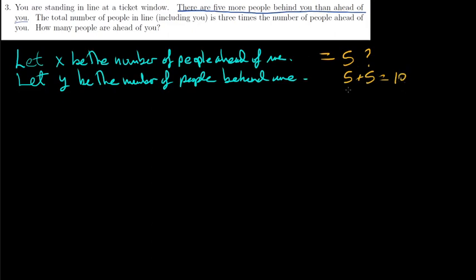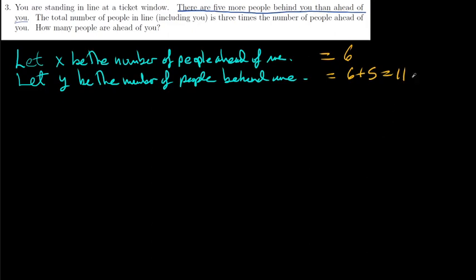So whatever x is, to get y, you're just going to add 5, right? So again, 5 was a guess. If there's 6 people ahead of us, then the number of people behind us is 5 more. So that would be 11 people.